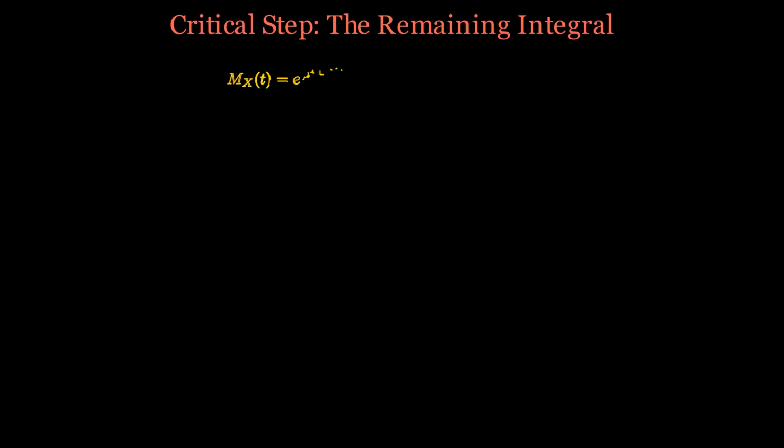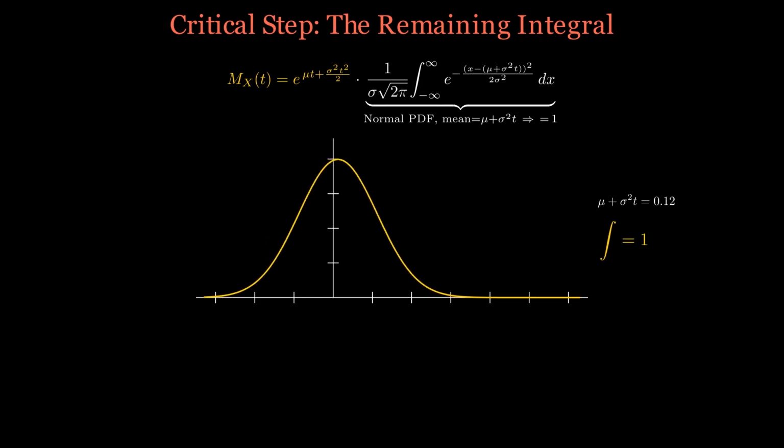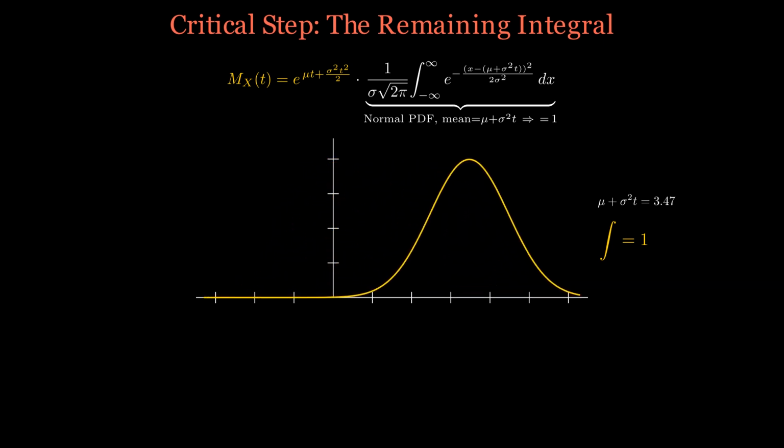This is the critical step, the one where most students lose the thread. After factoring out the constant exponential e^(mu t plus sigma squared t squared over 2), the remaining integral has exponent negative (x - (mu plus sigma squared t))^2 over 2 sigma squared. Look carefully at that exponent.